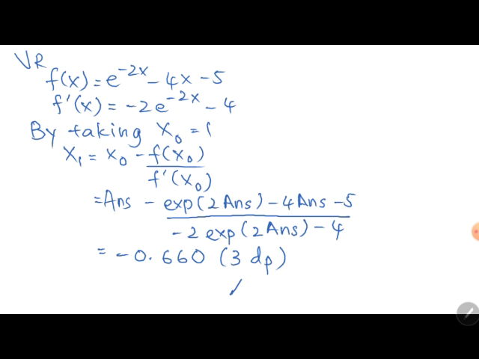Then, going on to the second iteration, you do the same thing. Now you just click the equal sign on your calculator. x2 will give you negative 0.540. x3 is negative 0.529.